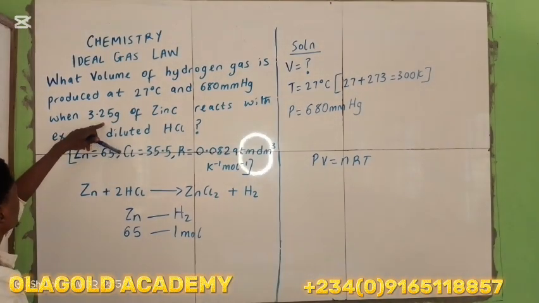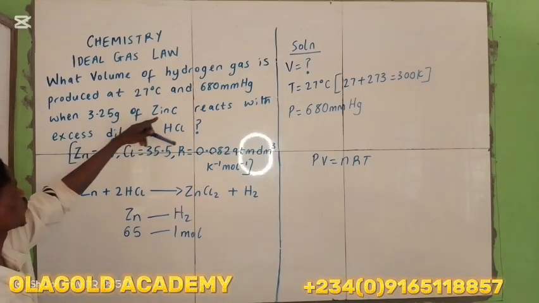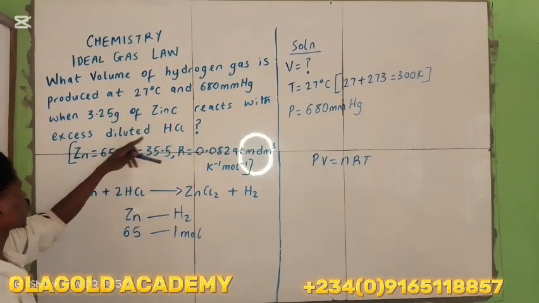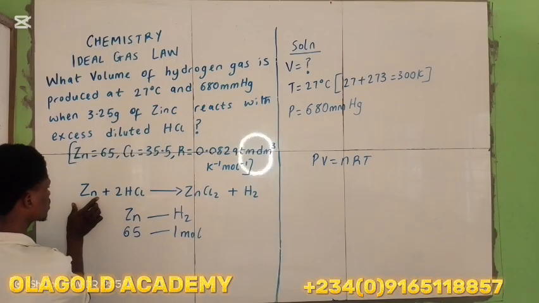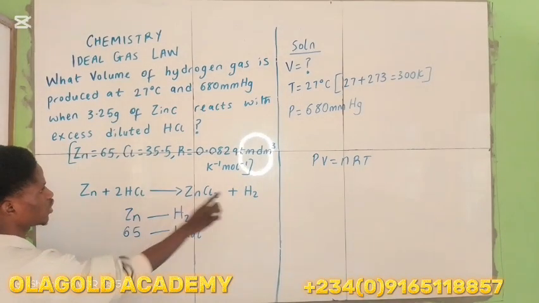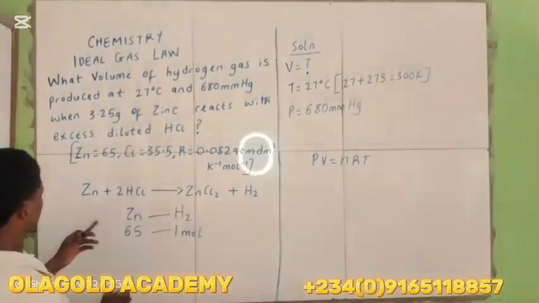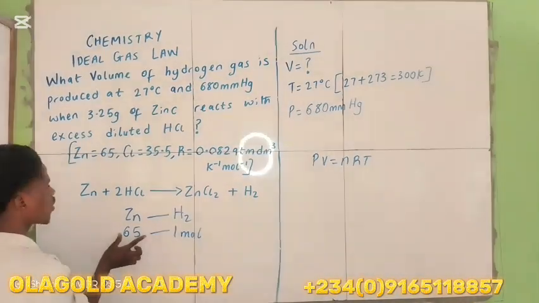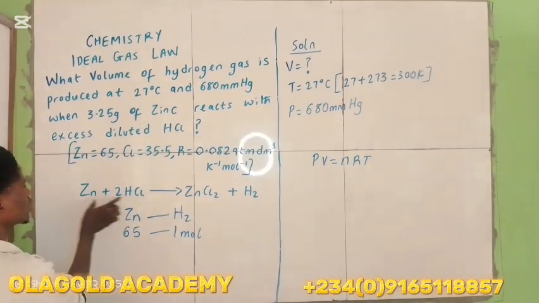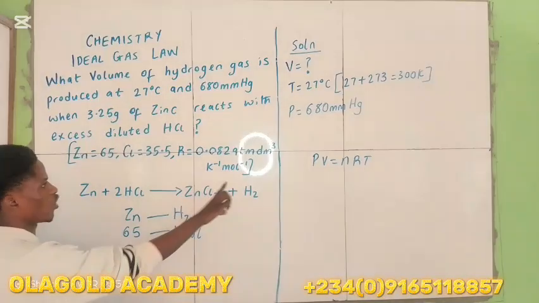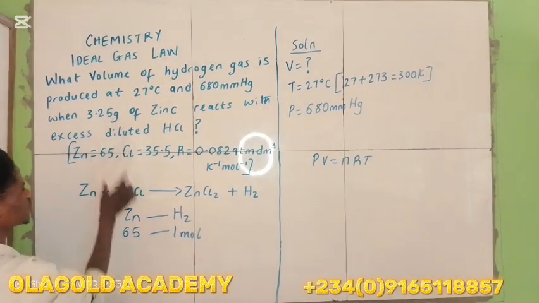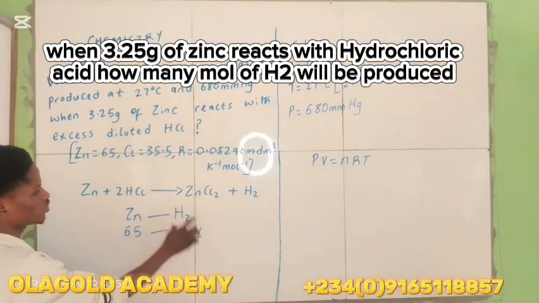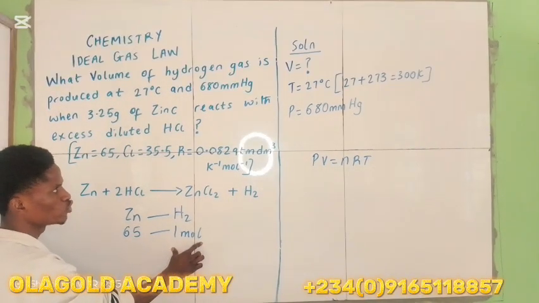Here now, we have 3.25 grams of zinc reacting with hydrochloric acid. When zinc reacts with hydrochloric acid, 1 mole is produced. Or let me say that when 65 grams of zinc reacts with hydrochloric acid, 1 mole is produced. When 3.25 grams of zinc reacts, how many mole will be produced?